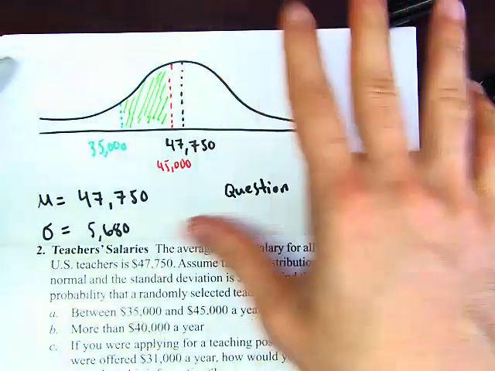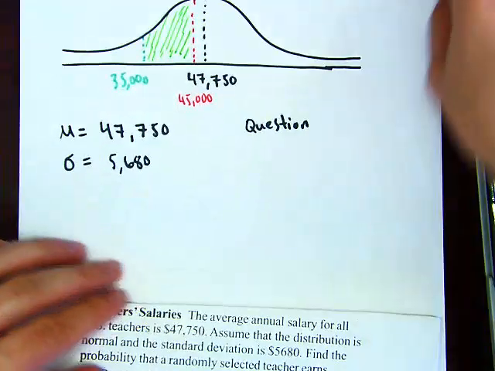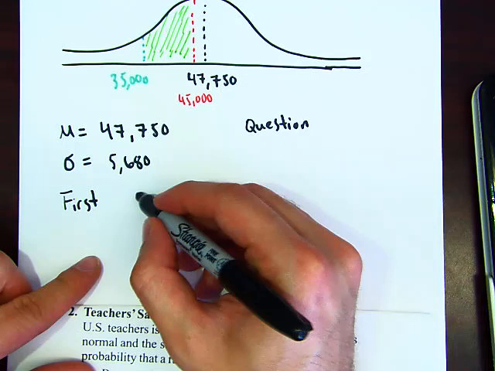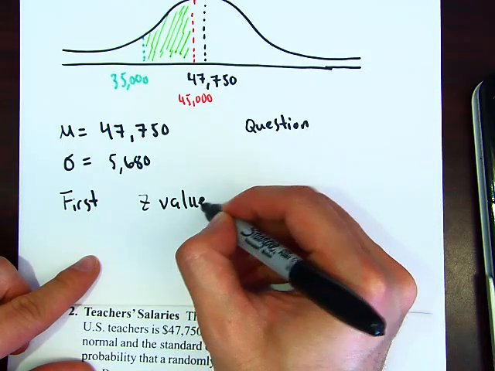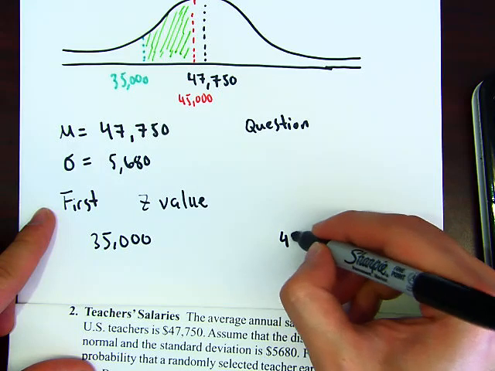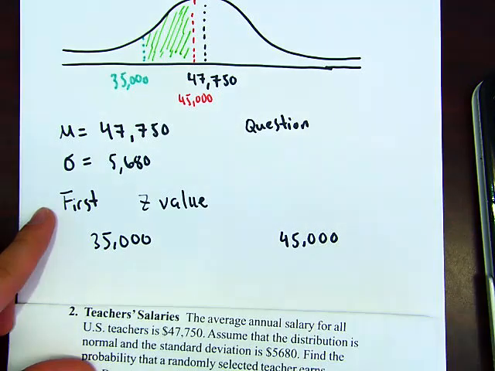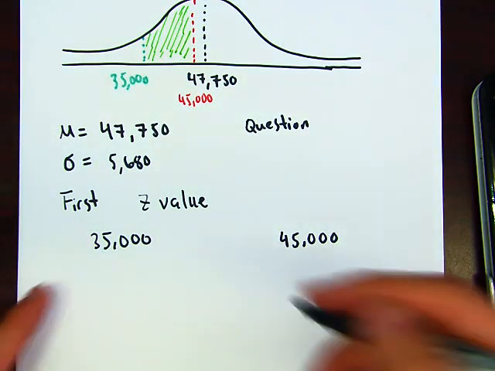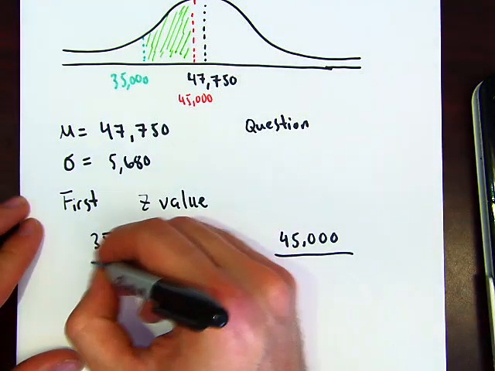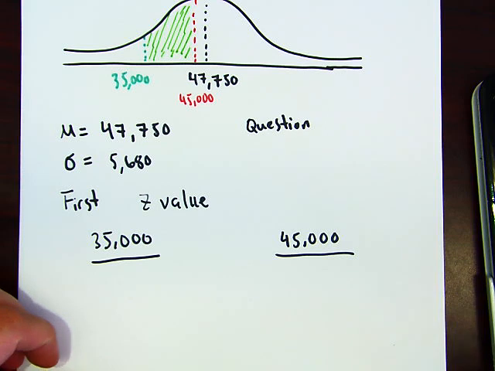So we're going to take it step by step. First, let's find the z-value of 35,000 and 45,000. Okay? What I want you to do is pause the video, find the z-value for this, and find the z-value for that.